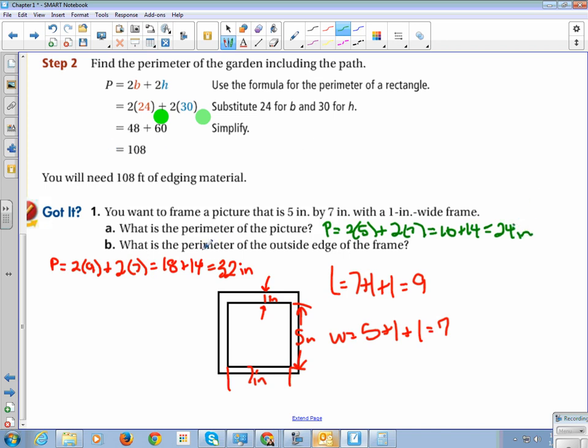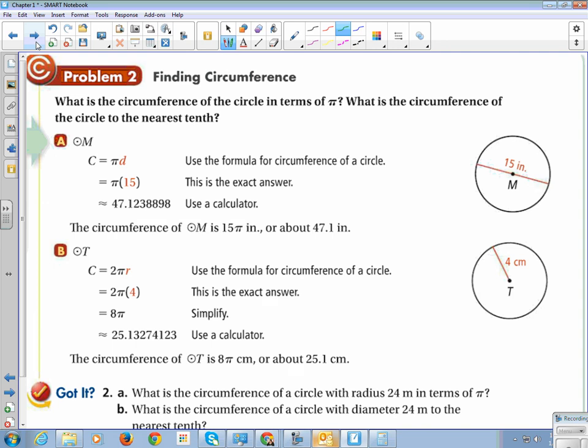So the perimeter of the picture is 24 inches, and the perimeter of the frame is 32 inches. So that's it.